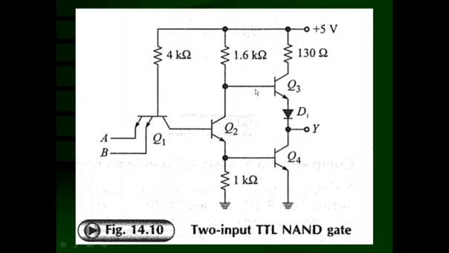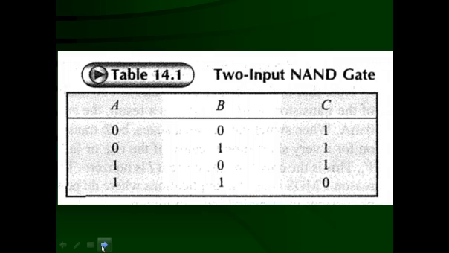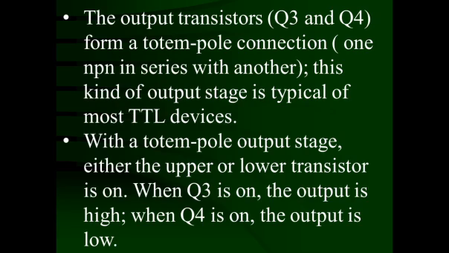So, it will provide the base to emitter diode plus this diode in series, so that the potential here is going to be insufficient for this transistor to conduct at the time when Q4 is conducting. So, Q3 will be disconnected from the power supply and only Q4 is connected to the output, and hence the output is going to be low. This is the way the 2 input NAND gate will fulfill the NAND gate truth table.